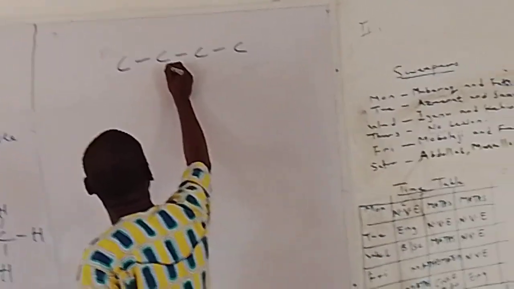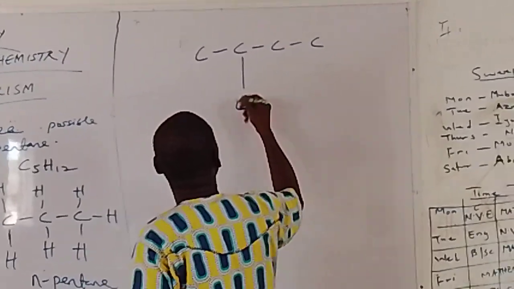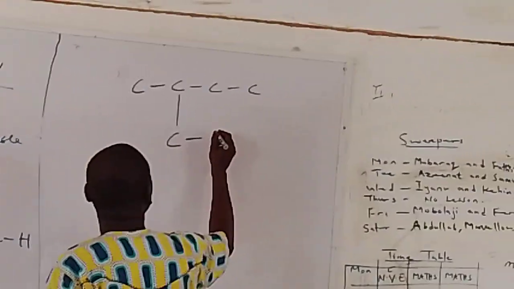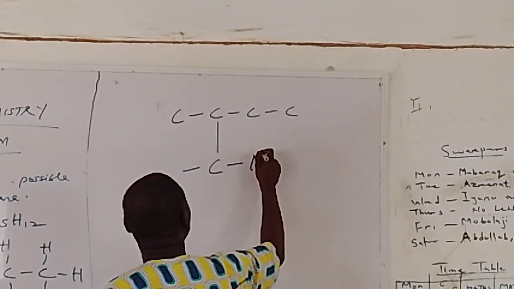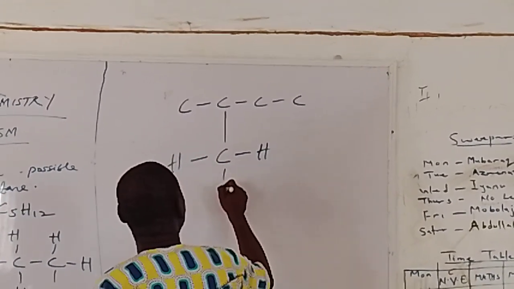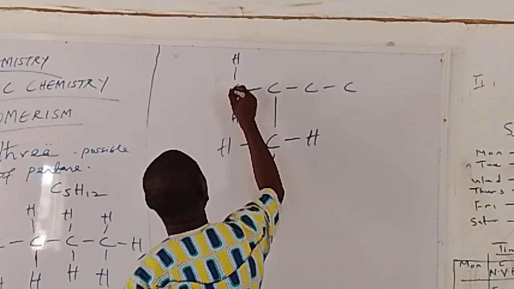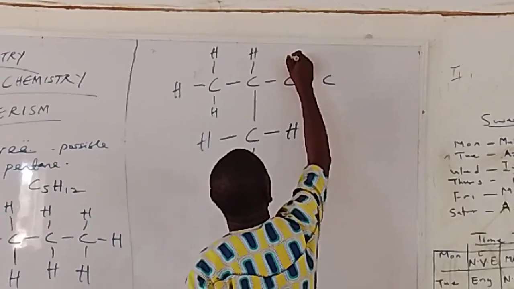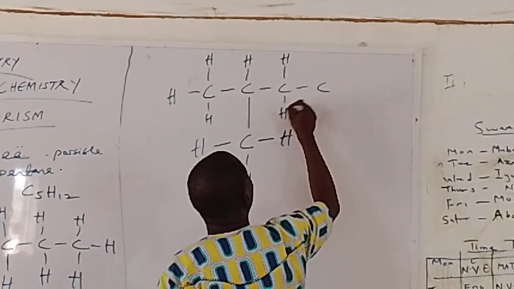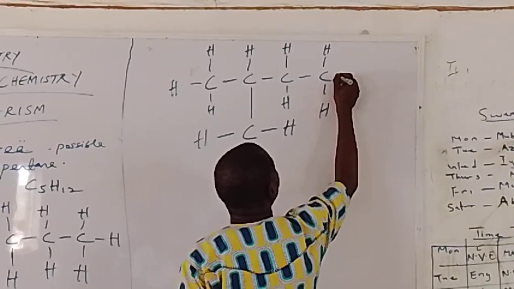I can branch it to the second carbon. Then I will put hydrogen here, hydrogen here, and so on, filling in all the hydrogens.